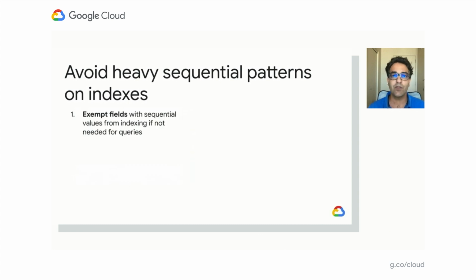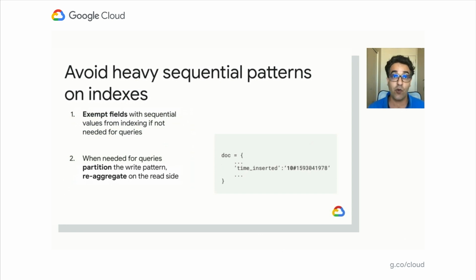In the case that you have documents with sequential field values, you should either exempt them from indexing in the case that you don't need them for your queries, or in the case that you need them for your queries, you can partition those heavy write patterns, for instance, by applying a random prefix to those sequential field values. In the case that you use this technique, you would need to re-aggregate the result on the read side.